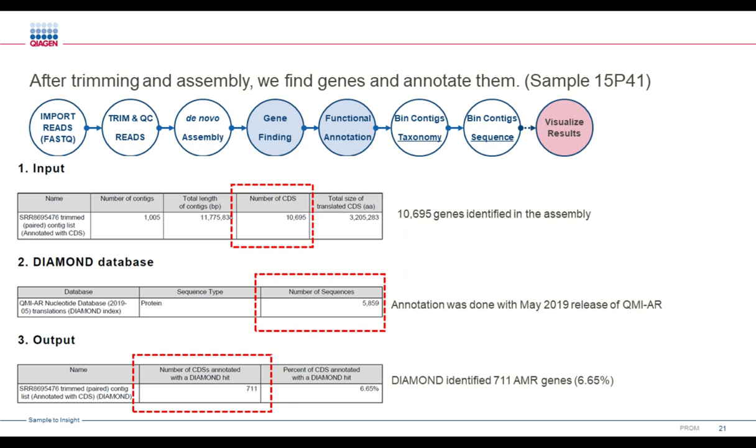I'll also note that the underlying gene finding algorithm that was used here was our own internal tool, which is based on the Glimmer algorithm. However, within CLC, you also have the option to use the MetaGeneMark and GeneMark pipeline, which is a secondary commercially available add-on for CLC.